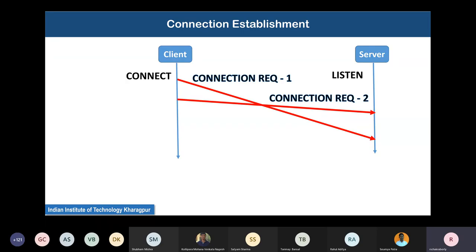Okay. And the other solution that was first suggested is to kill off old packets, like the connection request 1 segment, which is taking too much time to reach the other side of the server. This is also one solution. These are the two fundamental ways of solving this problem.